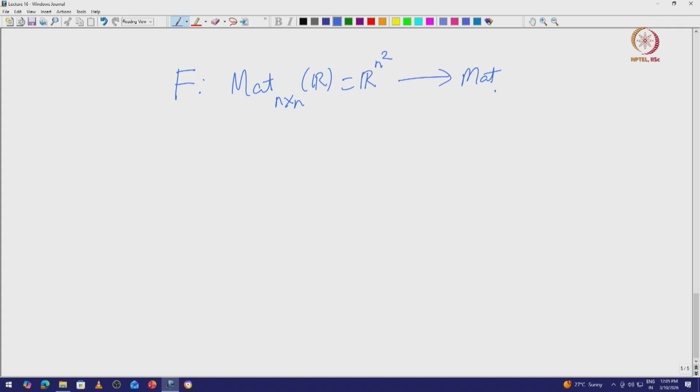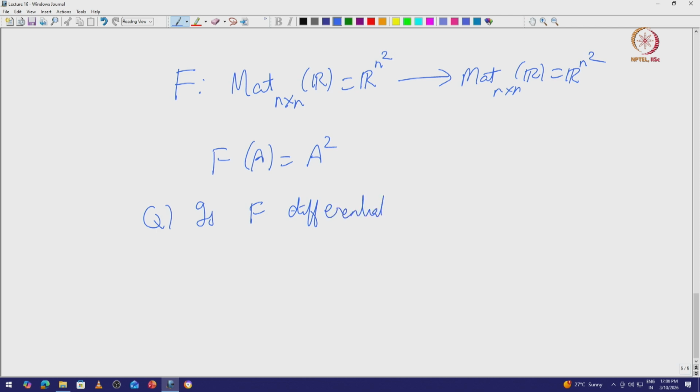So n by n matrices, which is R^(n squared), given by f of A being A squared. So the question is, is f differentiable? If so, what is the derivative at a point A acting on h, where h is in R^(n squared), which is also the same as n by n matrices?